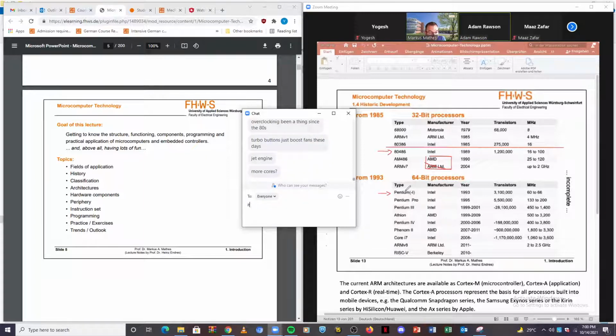Was it a multi-core processor? No, I think the first one was not multi-core, and also not 64 bits. Yeah, that was also new, you're right. But there was a problem with the ALU, and this Pentium, the first version, had problems with floating point operations.